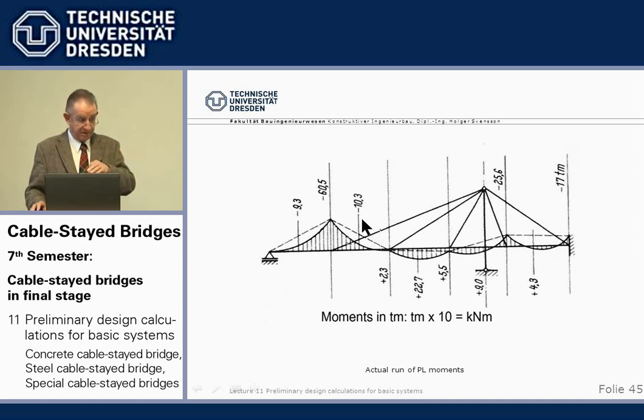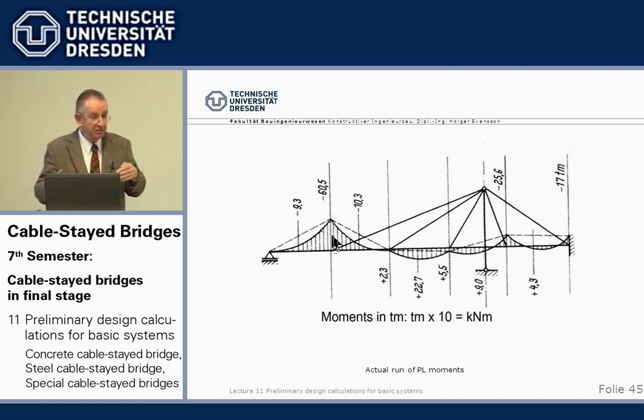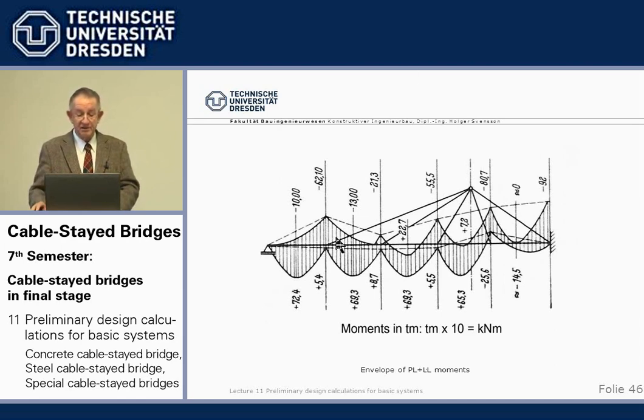For a concrete bridge, this was the beam on rigid supports, QL squared 24th and 12th. Now here we have a rather different situation, in order to use a steel cross-section in the best way. And if we have this, then of course we can superimpose onto this dead load, permanent load situation, the life load envelopes, and we then come to this situation.